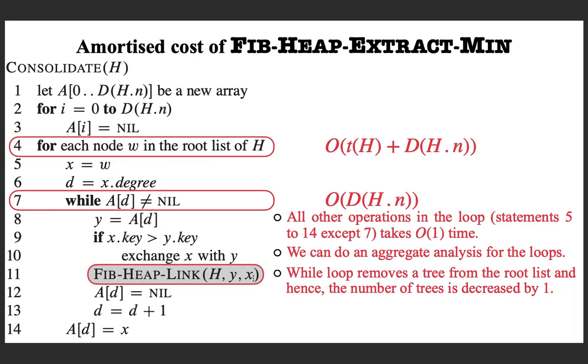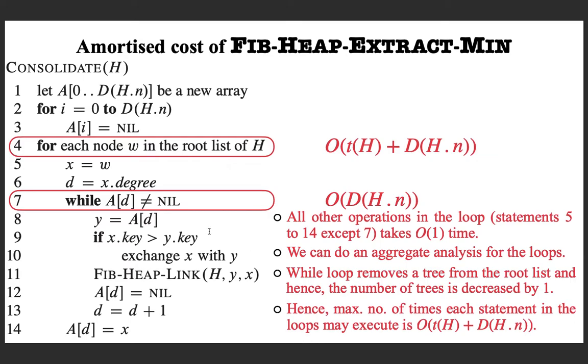So one tree is removed from the root list every time the while loop is executed. From the total number of trees to be processed, each execution of the while loop removes one tree. If the while loop is executed 10 times, 10 trees are removed from the root list.